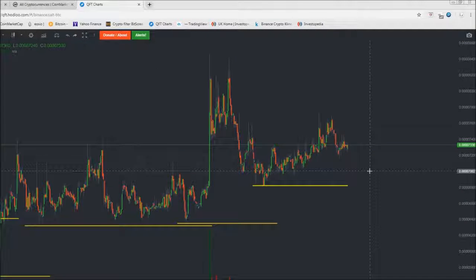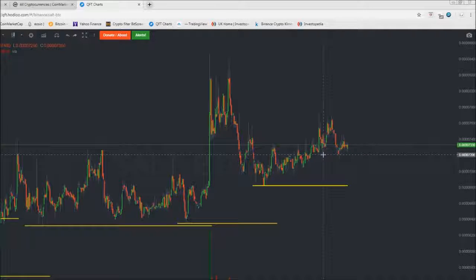So in terms of support and resistance, it's quite important for us to be able to predict how much a price might go up by, or how much a price might fall by, and when that is going to stop. If you think of support and resistance as ceilings and floors, the market is always trying to break through the floor or break through the ceiling, depending on which way it's going.